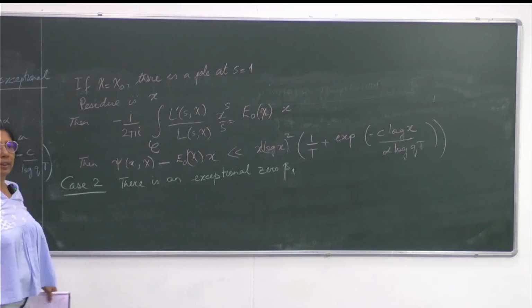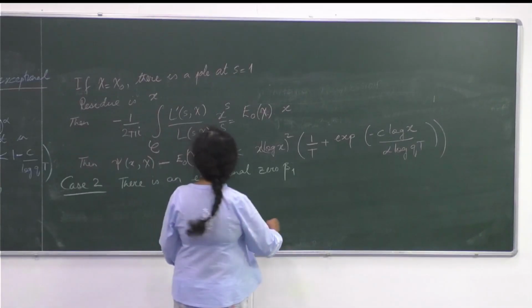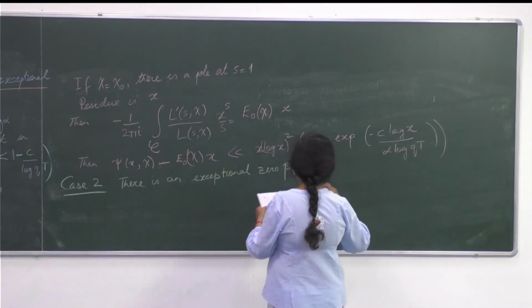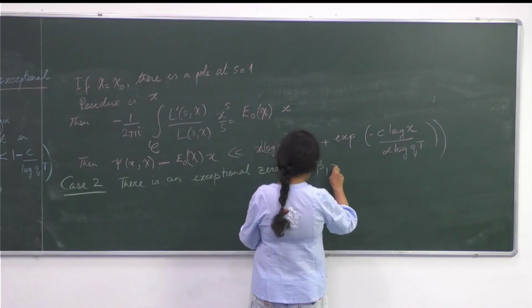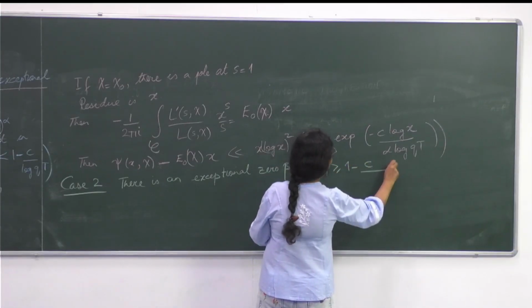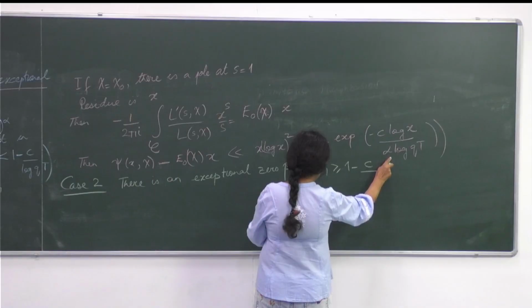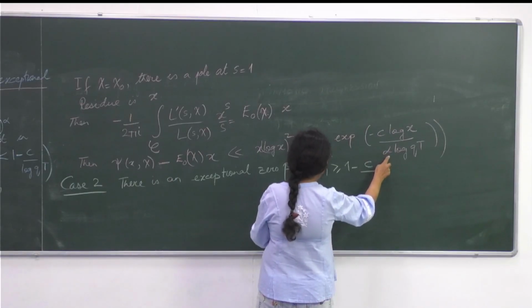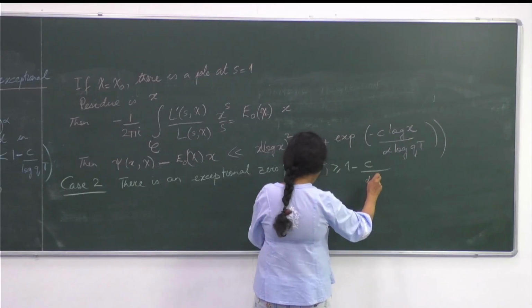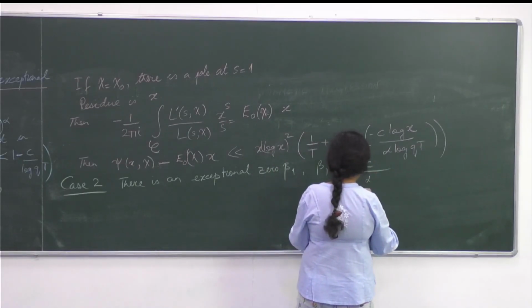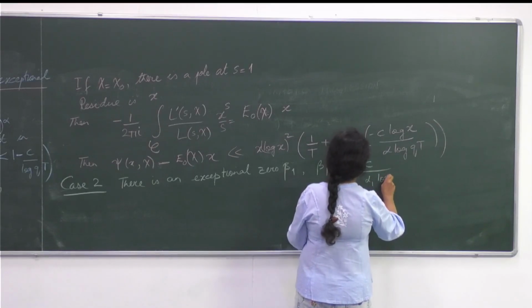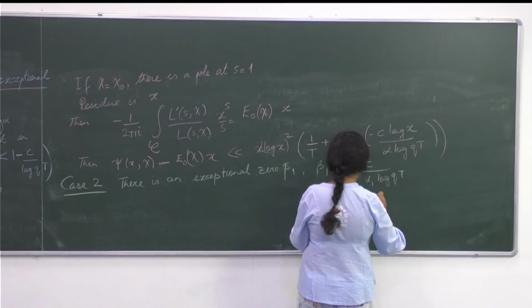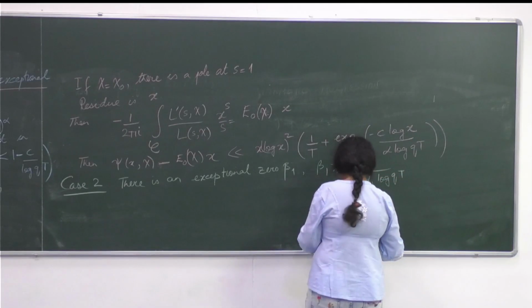What we have to take care of is, where is beta 1? So if beta 1 is greater than or equal to 1 minus c upon alpha 1 log qt, not necessarily the same c or alpha, what happens here?